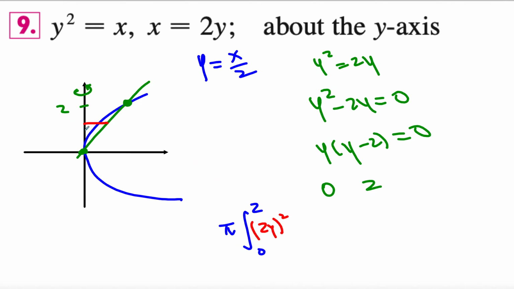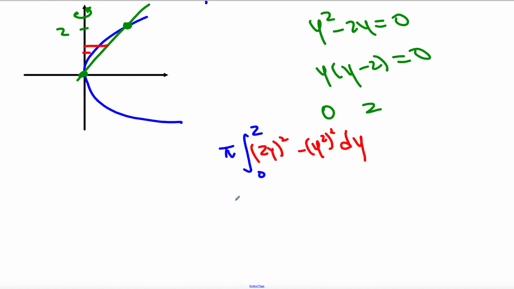The smaller radius, on the other hand, is the blue line, which is this one, minus y squared, quantity squared, dy. Now if I were to rewrite it, 0 through 2, 4y squared minus y to the 4th power dy.